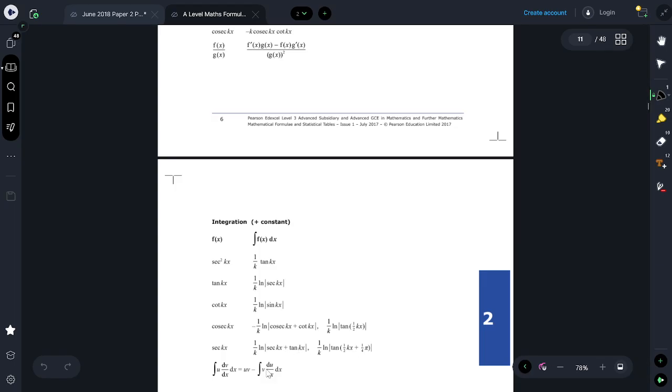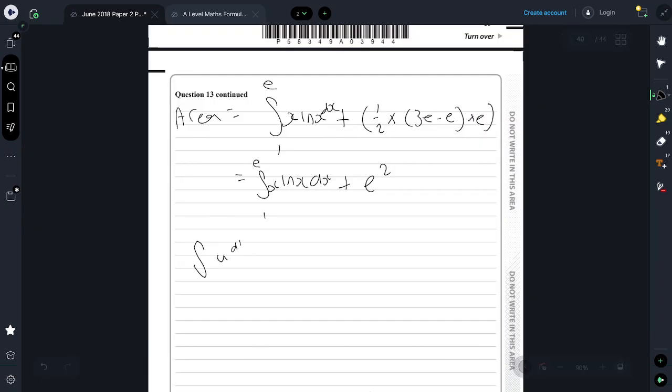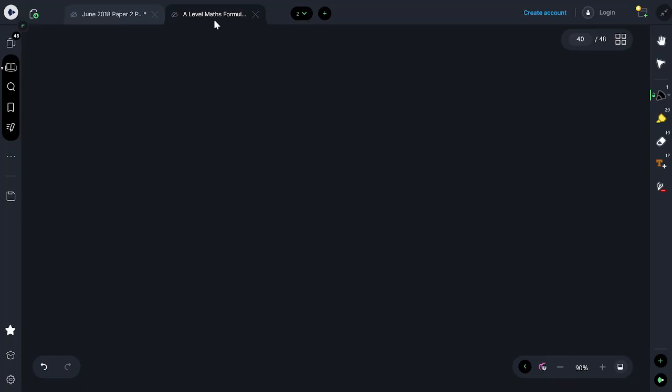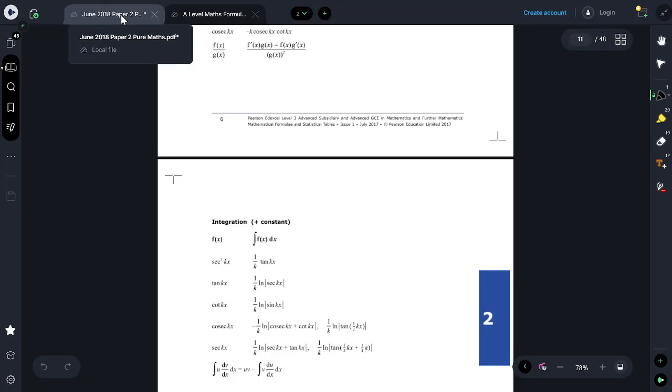So u dv by dx, and you probably know this by now anyway, but I'm just going to go over it. So the integral of u dv by dx is equal to uv minus the integral of v du by dx dx. Is that right? If I remember that correctly.